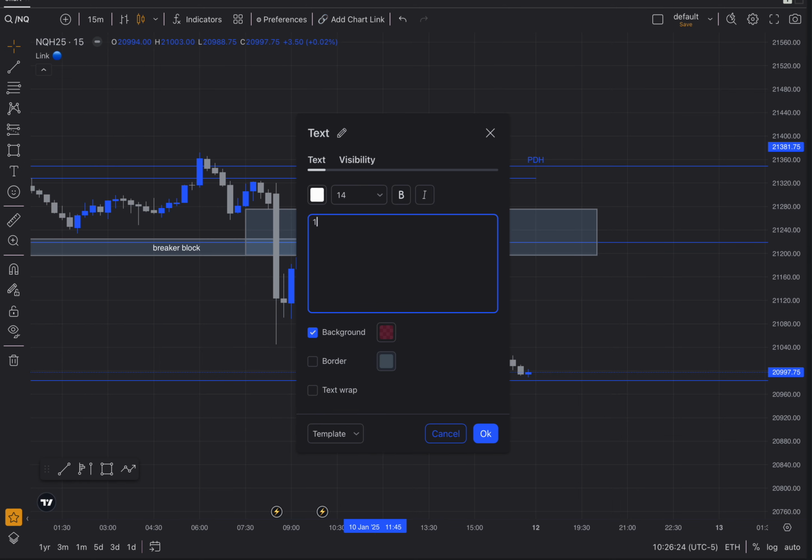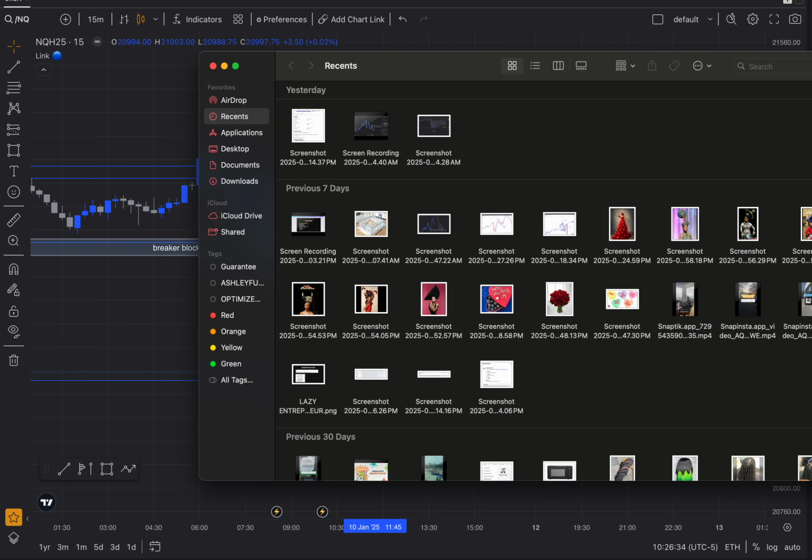Let's do the math. If I were to do 1 mini, that would have been 20 a point. So see if I can get my calculator.